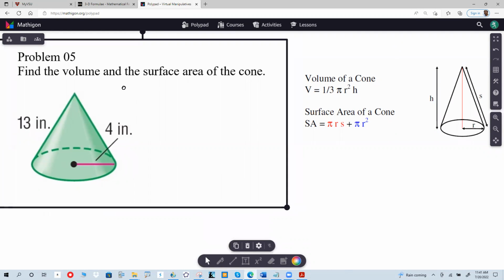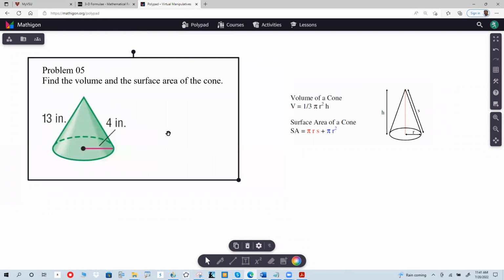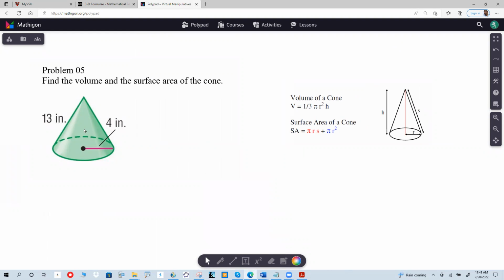All right. Cone is a little tricky, okay? When you're given a cone, generally, you are either given the slant height. I am going to assume this 13 is the slant height, okay? On the exam, I would be a little more specific. I'll draw it like this, but I'm going to make that assumption.